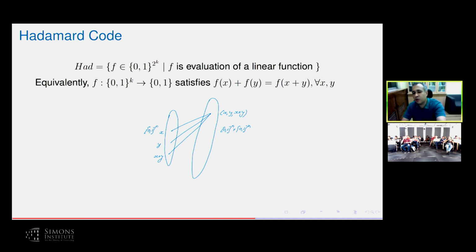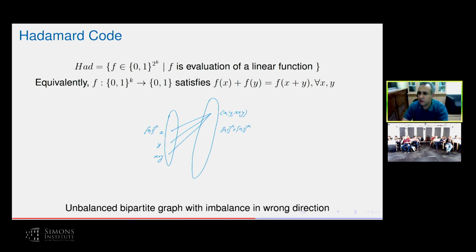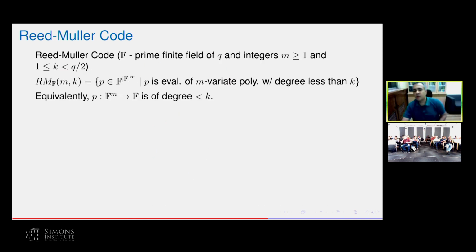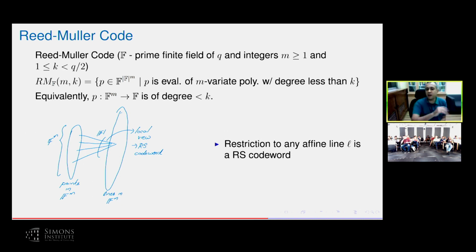For the case of Hadamard, you could just add x, y coming from an epsilon bias set, and x plus y. You could just add those triples, and that will still be a good test. It just removes a few redundant constraints. These things don't change the rate, the code is unchanged in this process. As long as you're only removing redundant constraints, the code is unchanged. And you could do exactly the same thing for the Reed-Muller code.